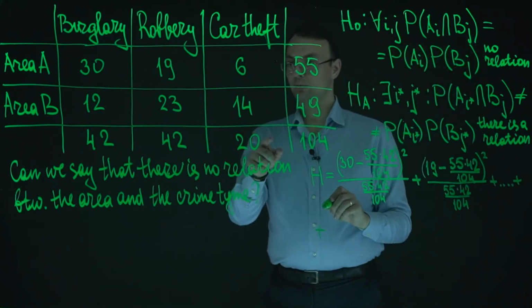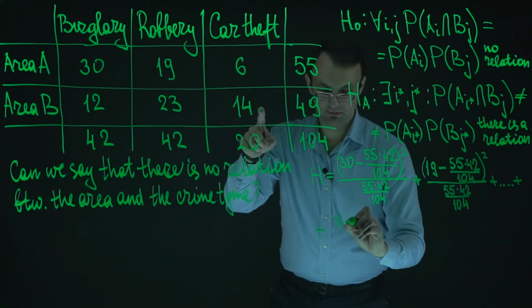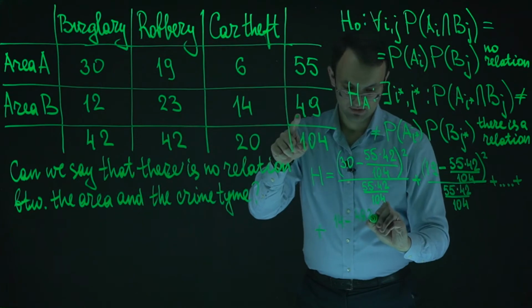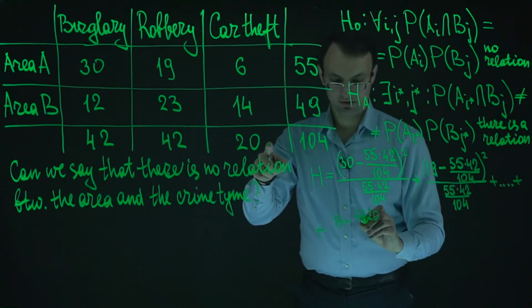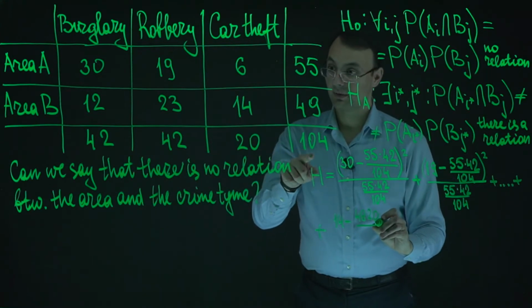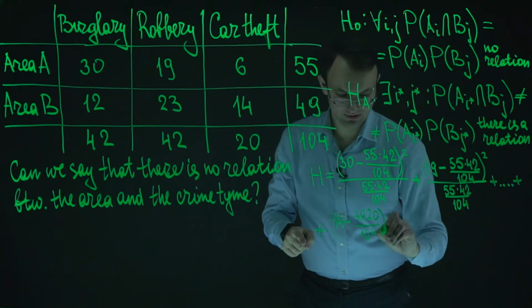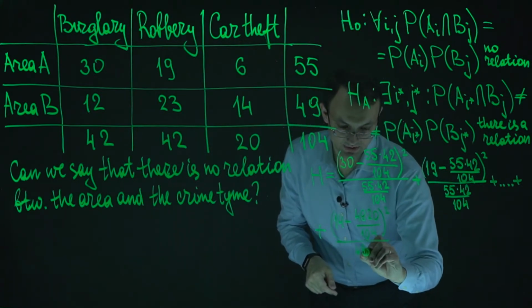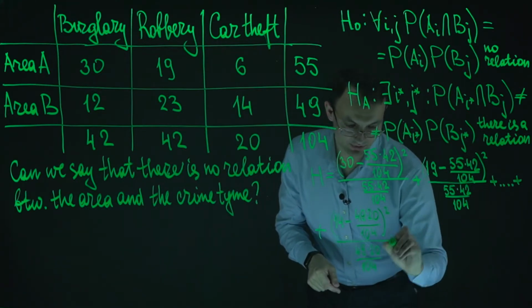So for the last one, we have here 14 minus 49 times 20 divided by 104, squared, divided by 49 times 20 over 104.